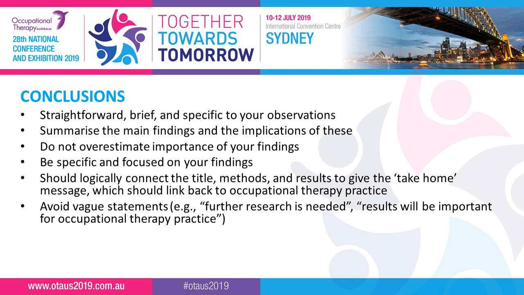You don't just repeat yourself, but provide a summary of the most significant findings and the implications of these. Be really careful not to overstate or understate the importance of your findings.